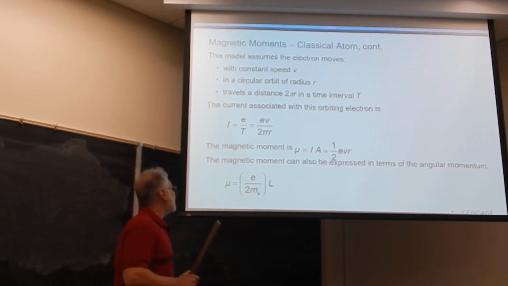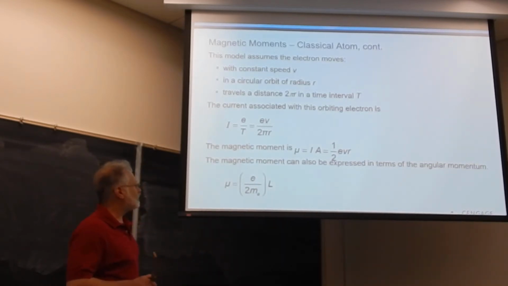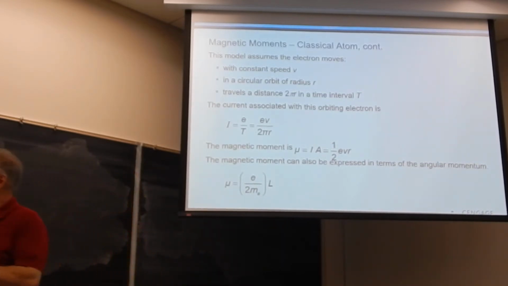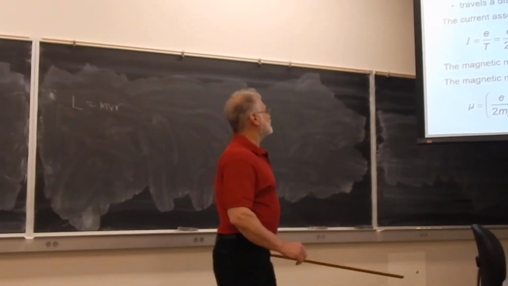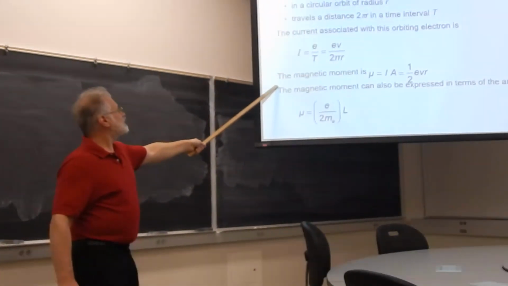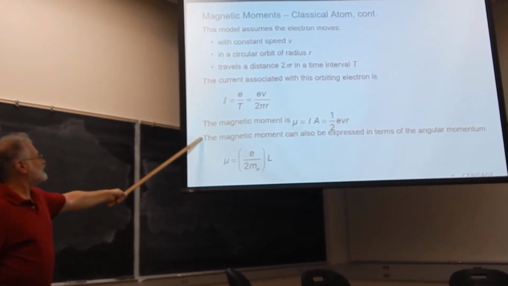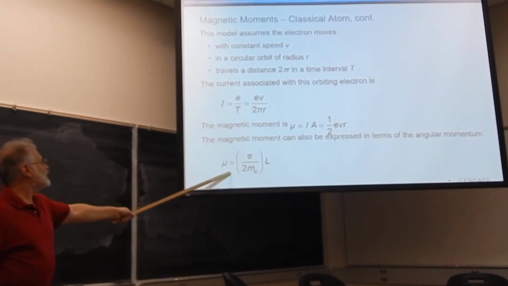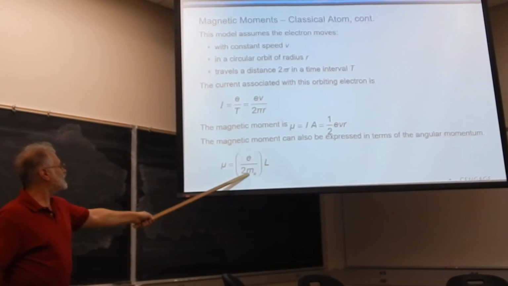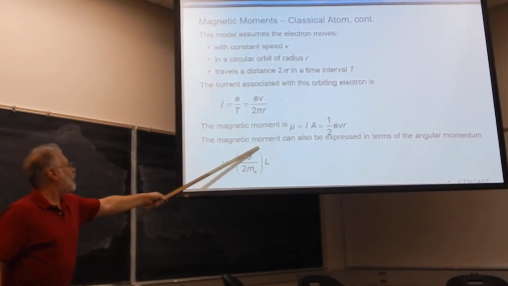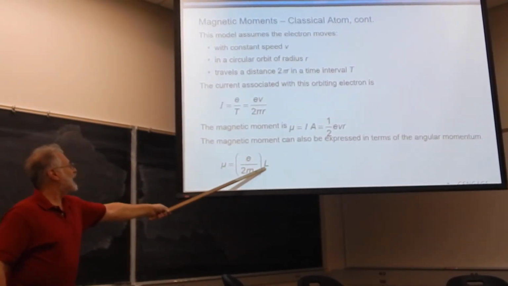Because we can write angular momentum for a point particle, like an electron, as mvr, I can express the magnetic moment in terms of the angular momentum as well. It's just the charge of the electron divided by 2 times the mass of the electron, all multiplied by the angular momentum.